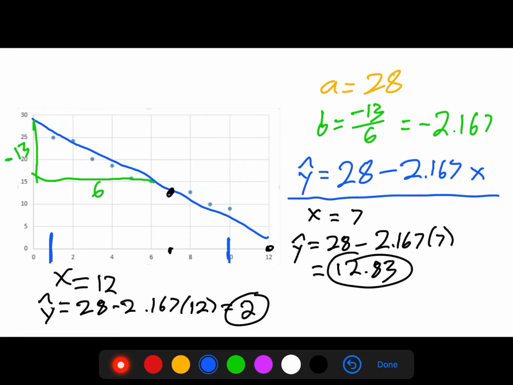So this number, which is right here in the middle, is an interpolation example because it's inside of my data values, versus this 2, which is over here. This value is outside of my data, so this one would be extrapolation.